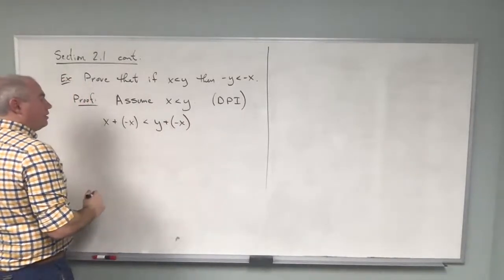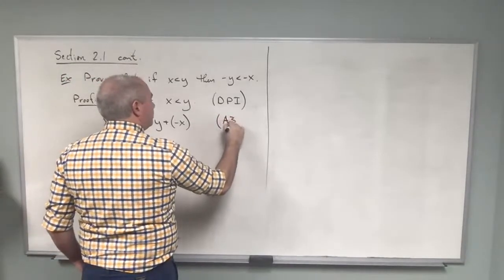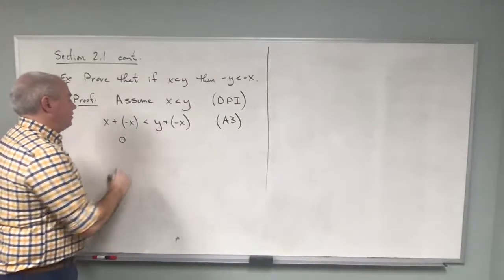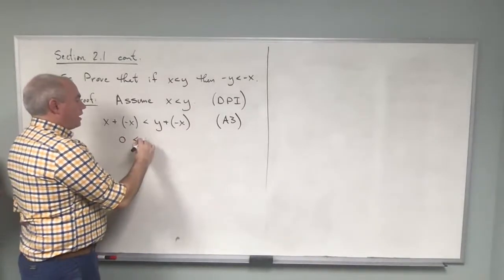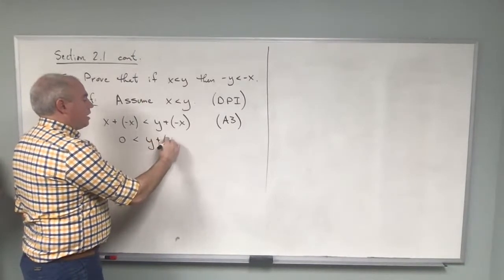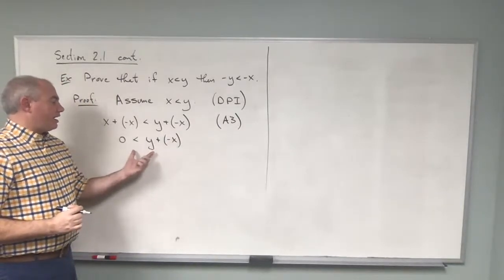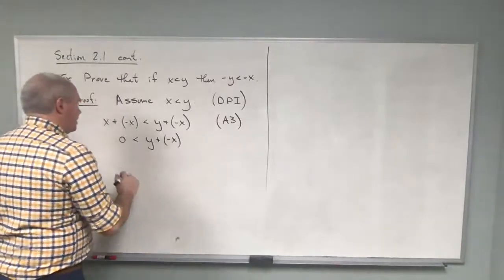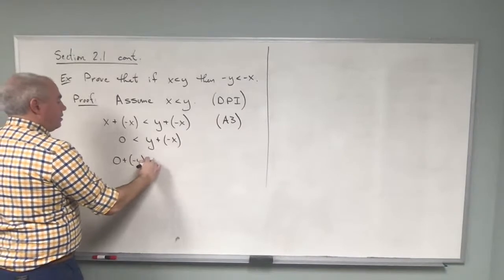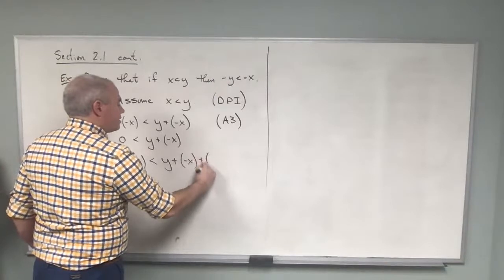If I do, and I said that this was by A3, then on this side of the inequality, I just get 0. And on the other side of the inequality, I get y plus minus x. And then what I'd like to do is let's add a negative y to both sides of the inequality. So I get 0 plus minus y is less than y plus minus x plus minus y.